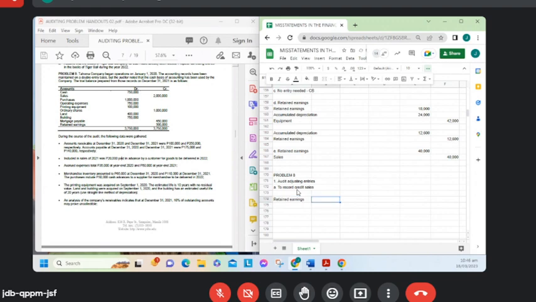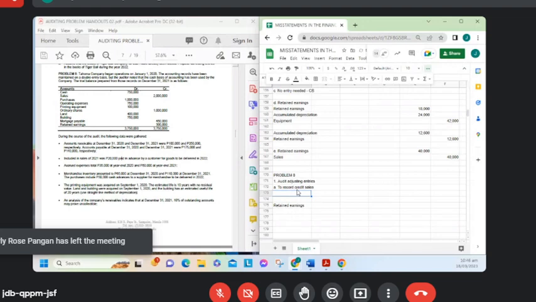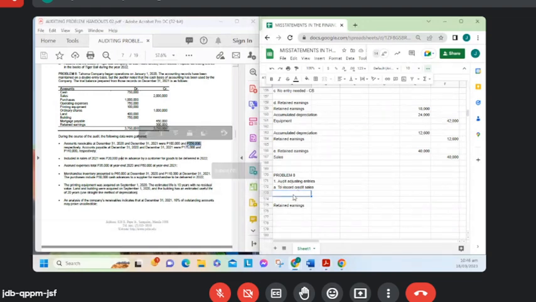And then during the year, the company also omitted the 250,000 receivables or credit sales. So there will be a corresponding accounts receivable and sales during 2021.